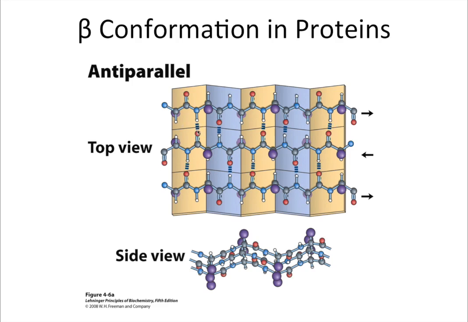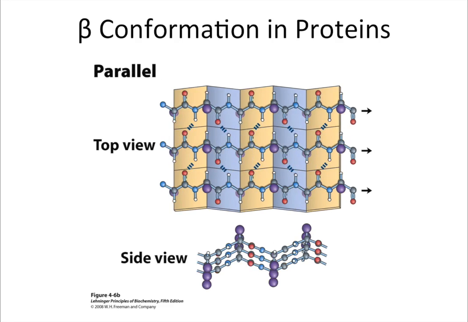But what you can see here is that the beta sheet is actually stabilized by these hydrogen bonds that occur between the hydrogen atom that's shown here and this carbonyl oxygen that's shown here. You can see there are several of them that occur between 2 polypeptide chains, and this provides overall stabilization for the beta sheet structure. That was anti-parallel.